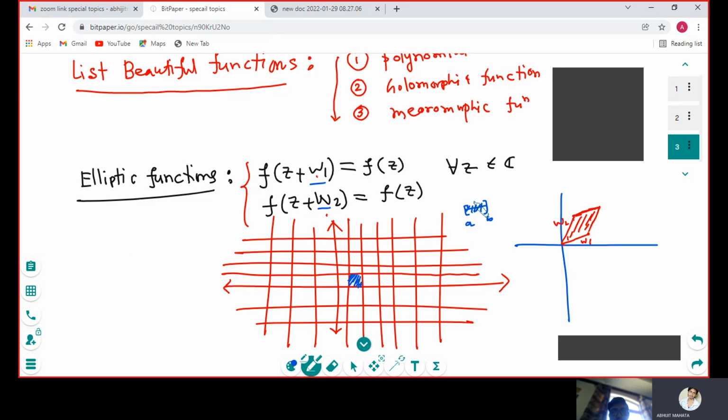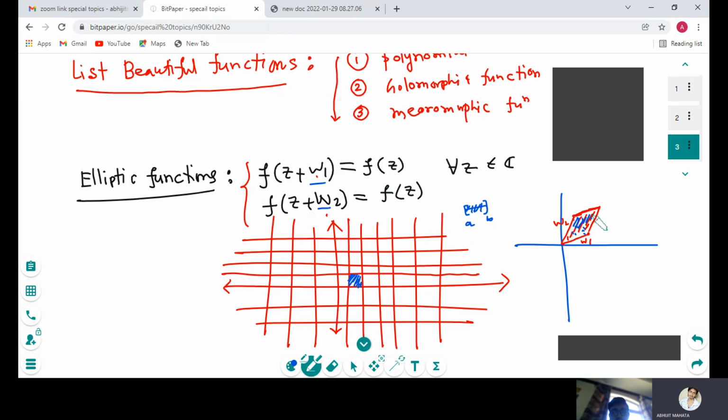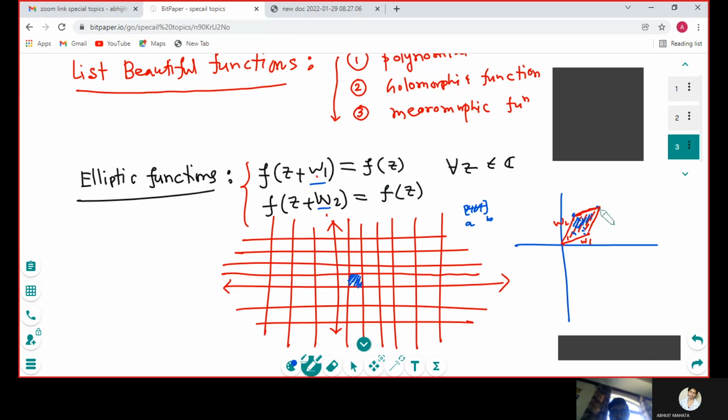So the interval you call the fundamental domain, right? So here also, this parallelogram is the fundamental domain, because if you know the value of f at every point of this parallelogram, then you just translate this. On this parallelogram, the functional value will be the same, right?